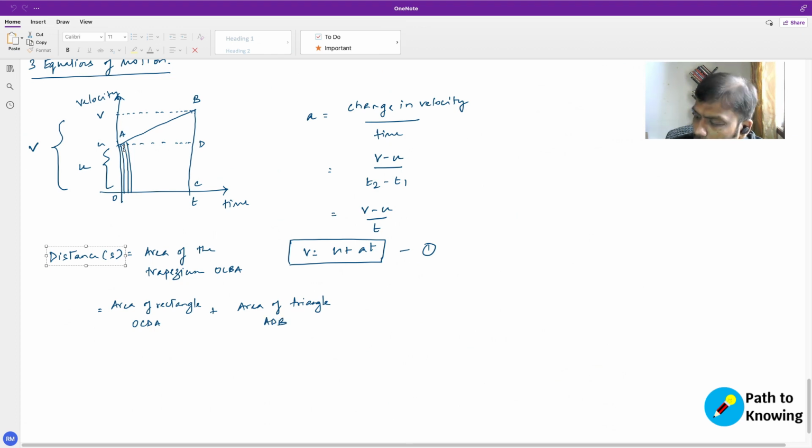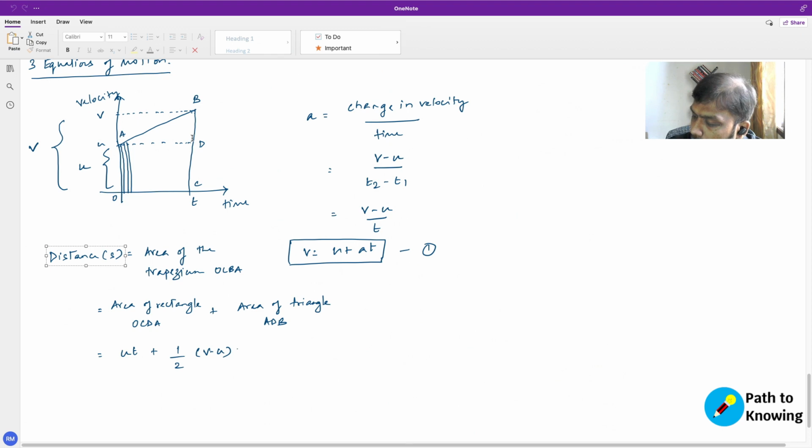Now we know that the area of this rectangle is going to be, this distance is t and this one is u, so it is ut. Plus we know the area of this triangle is going to be half of the base times height. The base is this, which is v minus u, times the height. Height is AD, which we know is t.